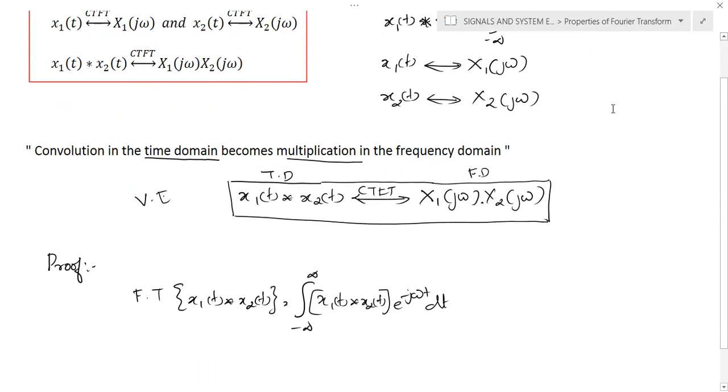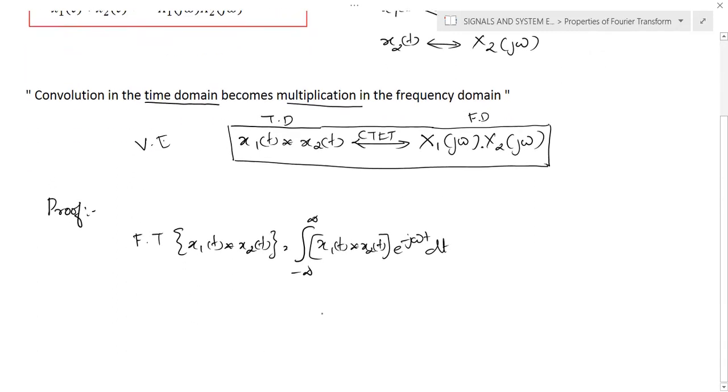So you can substitute this expression here. So the equation becomes integral minus infinity to infinity, and instead of the convolution, we can write integral minus infinity to infinity x1 of tau into x2 of t minus tau d tau, and e raised to minus j omega t dt.